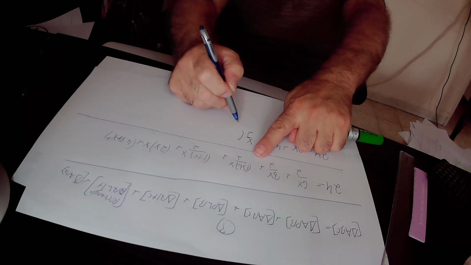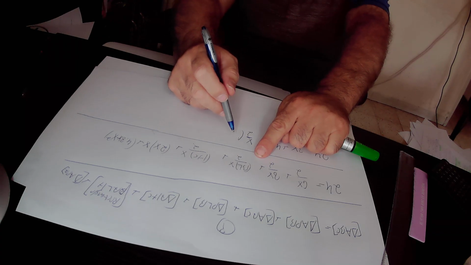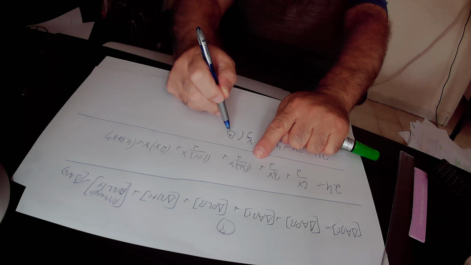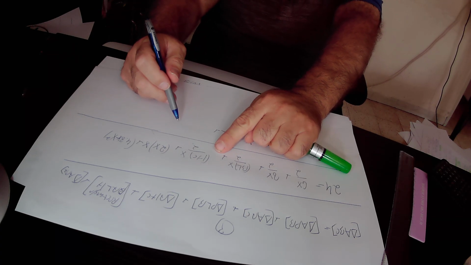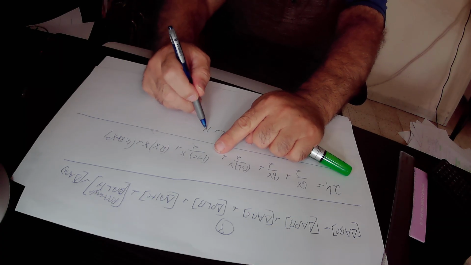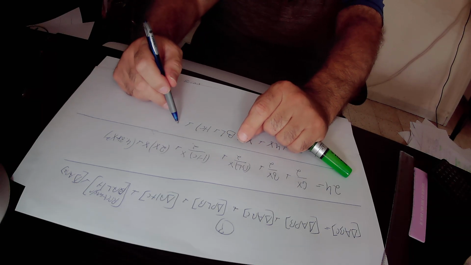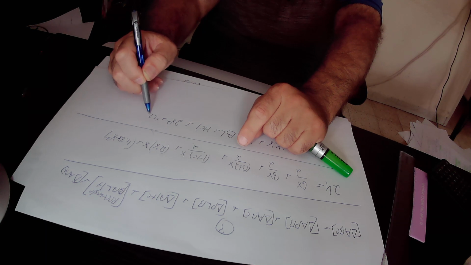What is left is BL, and what is left from the other expression is HC, plus 2x times x, which is 2x squared, plus 4x minus x squared.